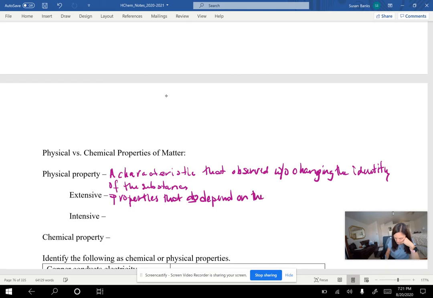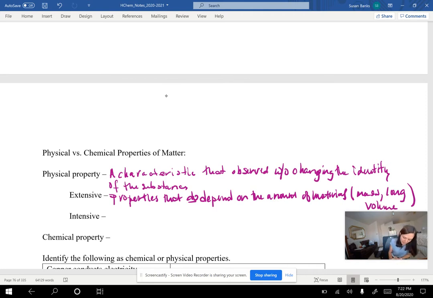So an extensive property would be something like, how much mass do I have? How long is it? How much volume does it take up? Those are extensive properties.